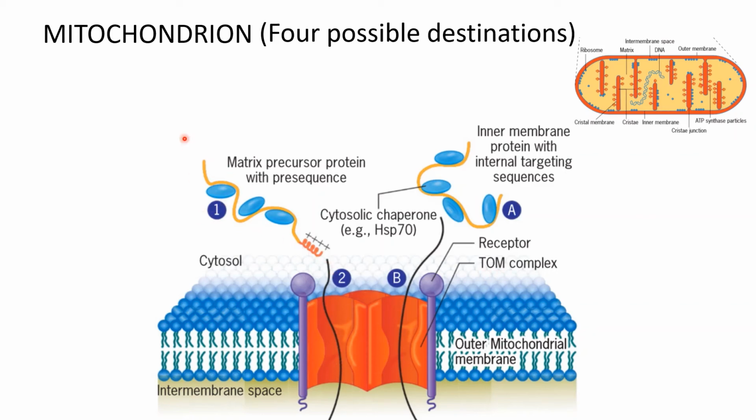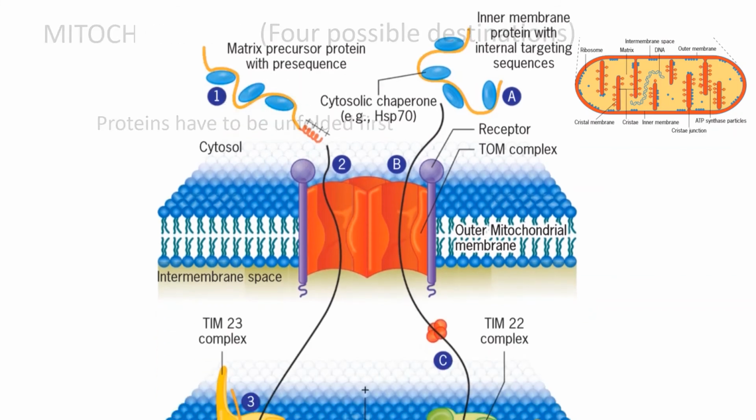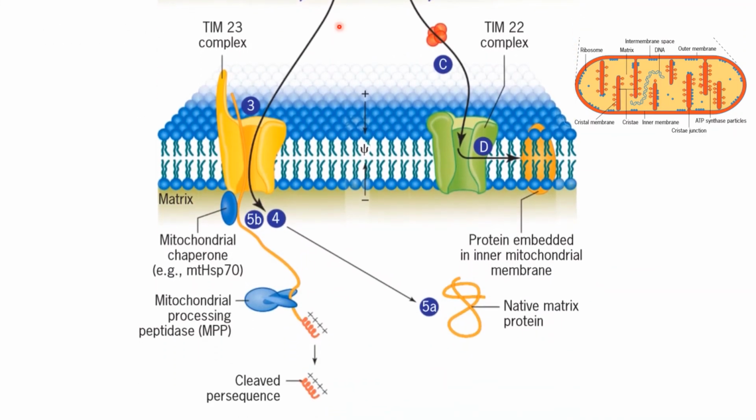Here in number 1, we have a protein that's destined for the matrix. Here in letter A, we have a protein that's destined for the inner membrane. They're going to enter the TOM, or the translocon of the outer mitochondrial membrane. So they have to be unfolded first. Here in the first scenario, the protein enters through the inner translocon of the mitochondria to be brought into the matrix because it's destined to go into the matrix.